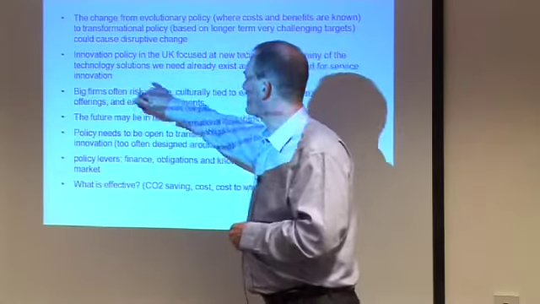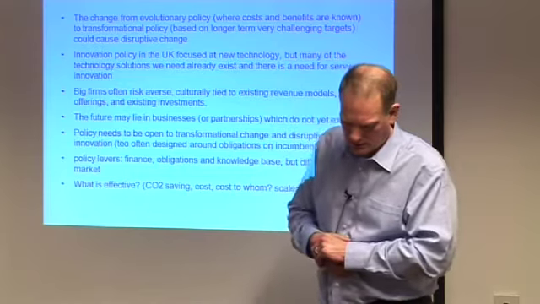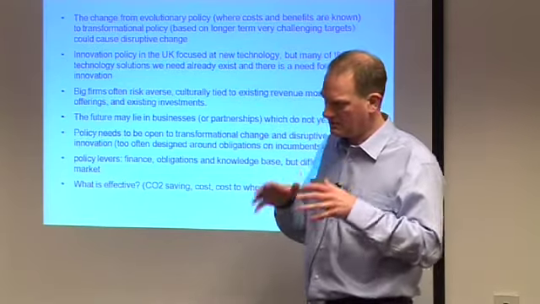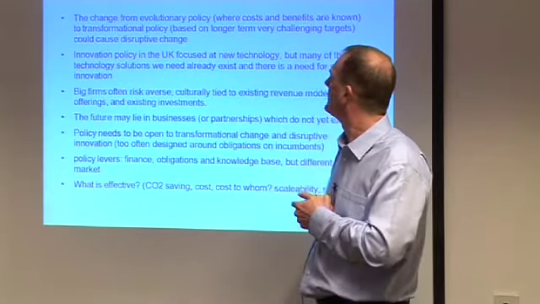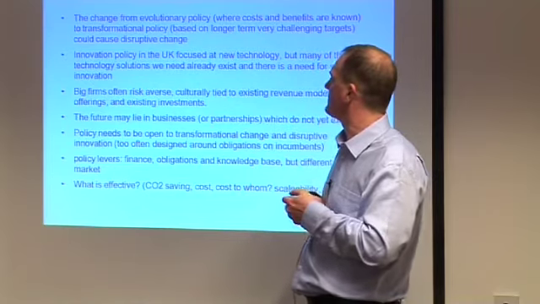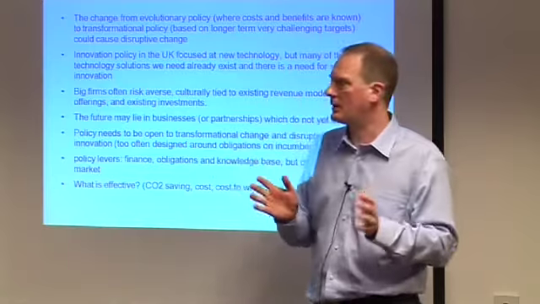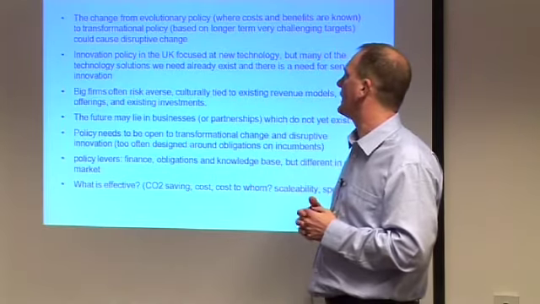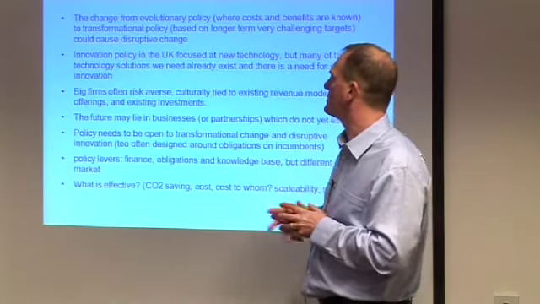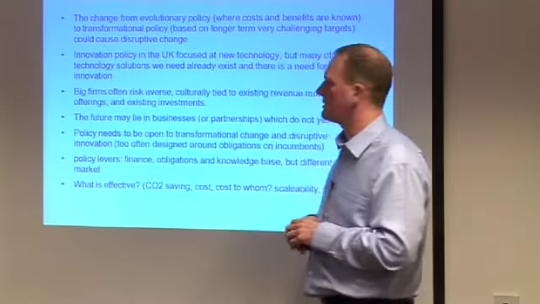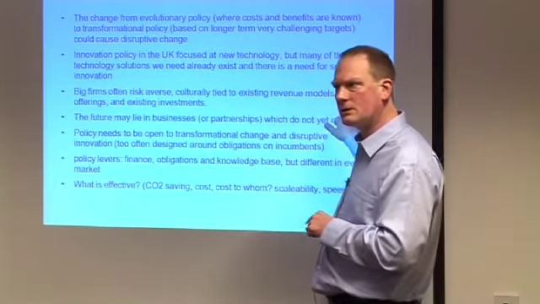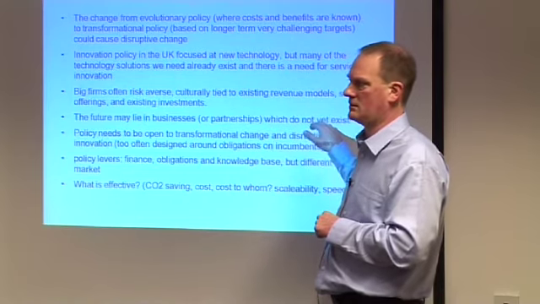I think actually also a conclusion, and this is perhaps not so much from this work, but from previous work, is that big firms like British Gas and so on, I'm not singling out British Gas, sorry, energy suppliers, if you like, are risk averse. And actually future service models may lie in businesses or partnerships which don't exist, or at least don't necessarily exist in this space.